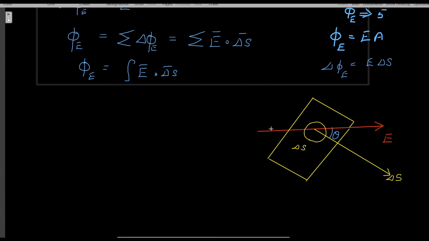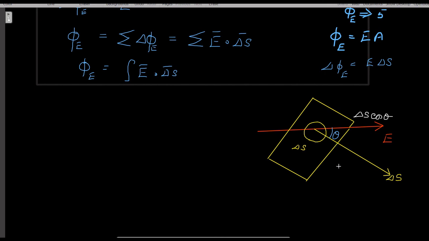Already we know if E is the electric field and delta S is the area vector, along the direction of E the component of delta S must be delta S cos theta.